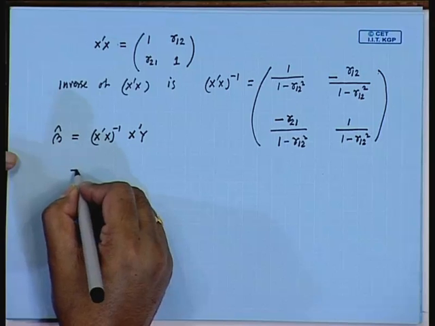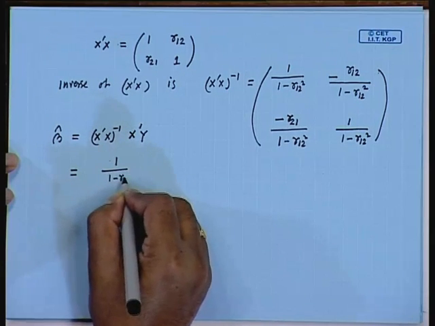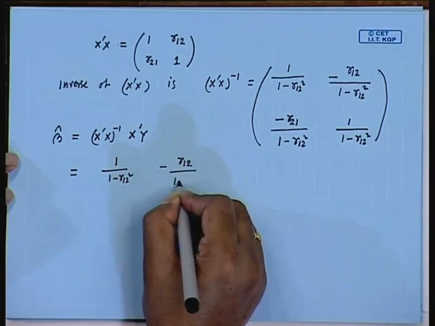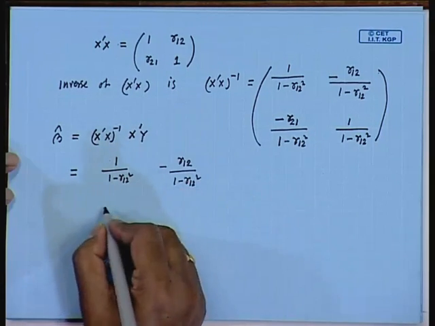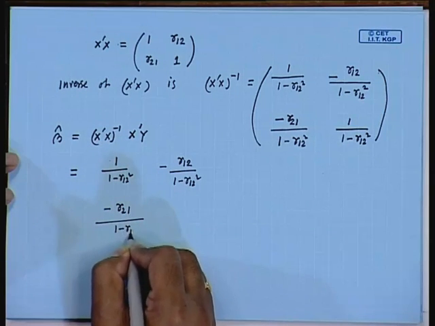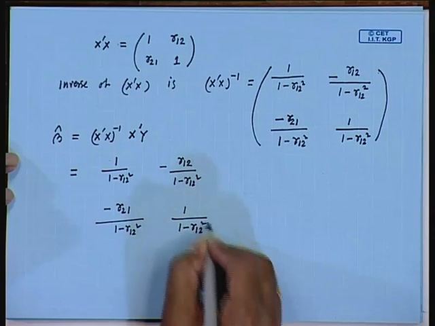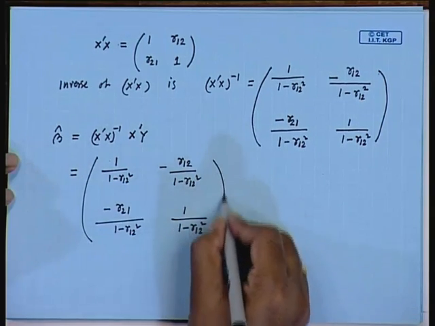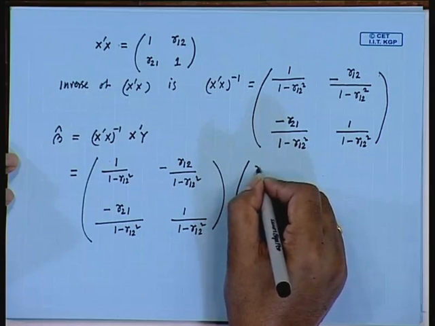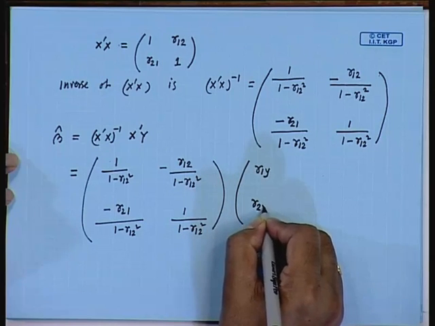Which is equal to 1 by 1 minus R12 square times minus R12 over 1 minus R12 square, minus R21 over 1 minus R12 square, 1 by 1 minus R12 square. And X prime y is equal to R1y, R2y.